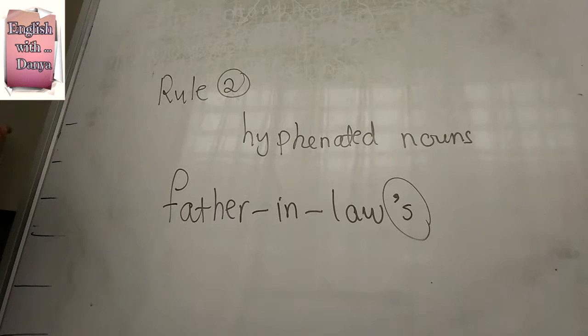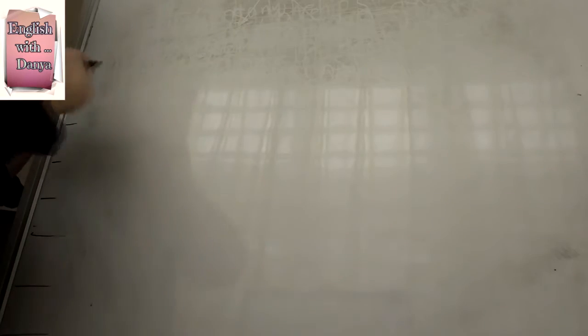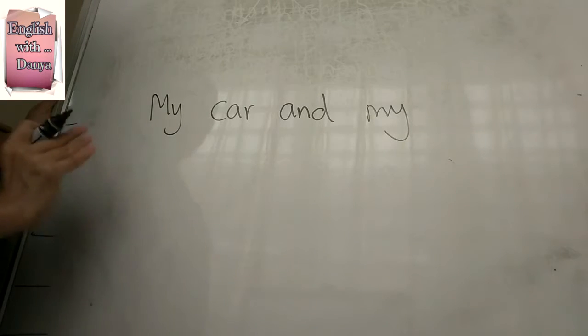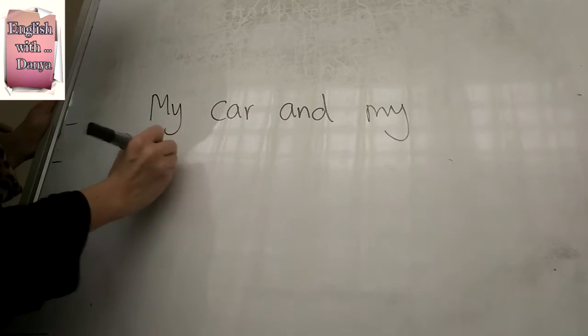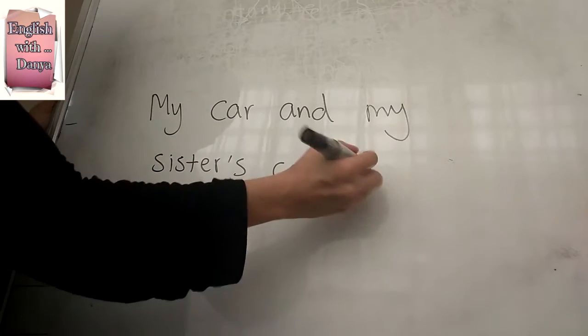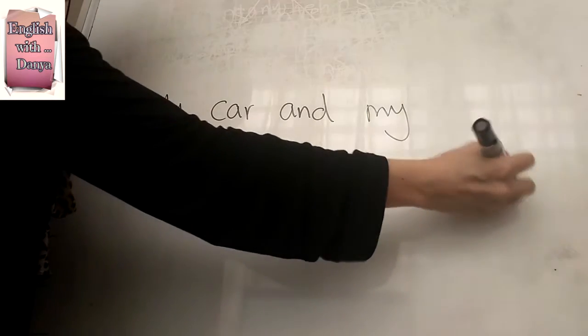Now let's look at the other one. Rule number three, if we have a sentence, for example, my car and my sister's car are white in color.